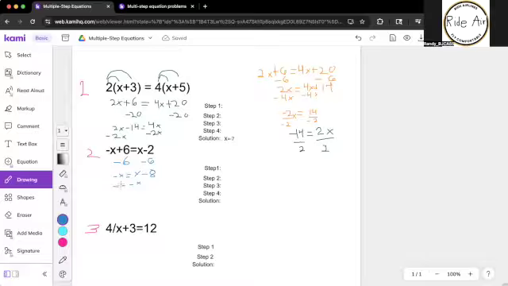Now I'm going to have negative 2x equal to negative 8. Now my answer, no. My answer here is that negative 8 divided by negative 2 will give me 4. I think this is really incorrect.